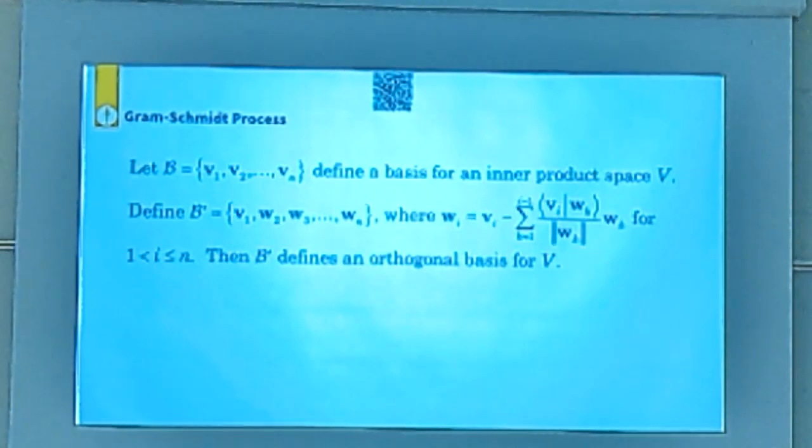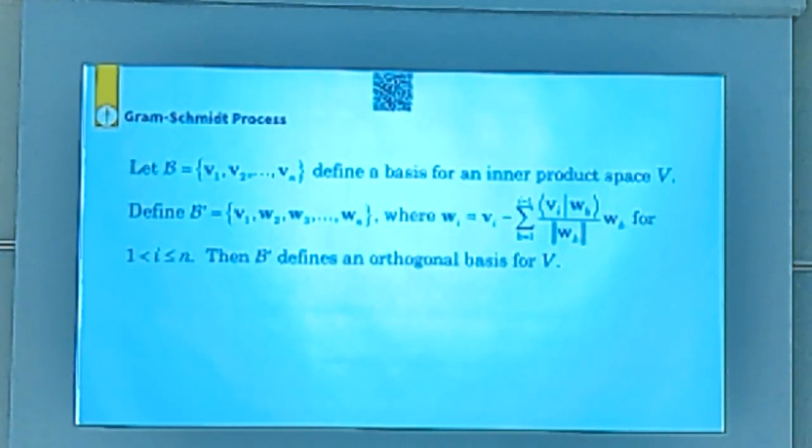So we have a basis, v1 through vn. Define a new set, v1, w2, w3 through wn. w1 is v1, so I'm just putting v1 there. For wi, vi minus that sum for the i's between 1 and n.